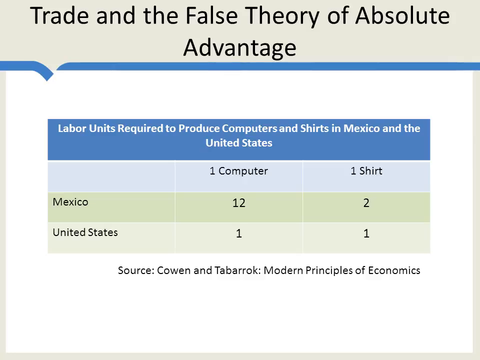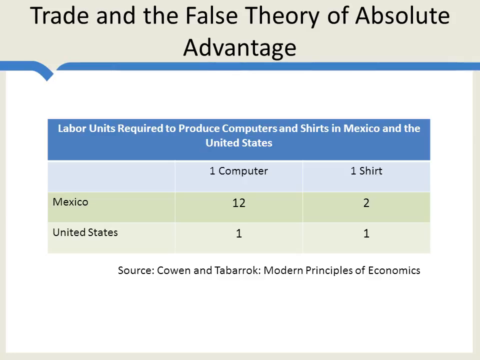So this is a case where we might think, well, the United States is so much better at producing both computers and shirts that certainly there's no reason for the United States to trade with Mexico, its less productive neighbor. That's the theory of absolute advantage. It's very plausible. It's also very wrong.